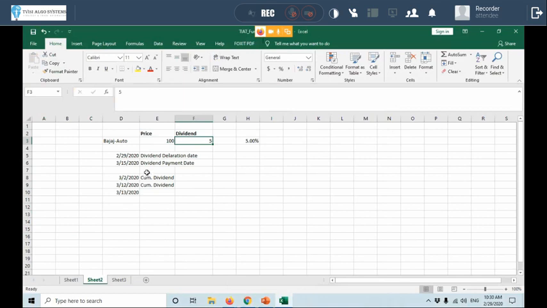So as soon as the market opens on 13th, the premium of that dividend will disappear, because now if investors are buying that stock, they will not get this dividend. So why will they pay you a premium? Now it will come back to its original price. This date is called ex dividend.